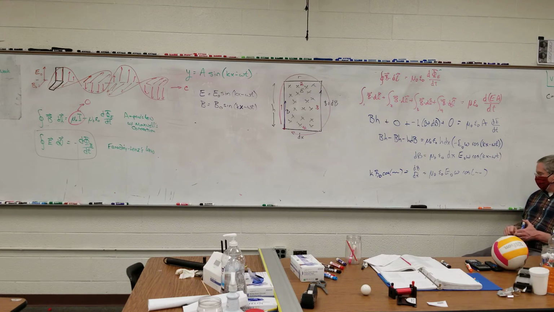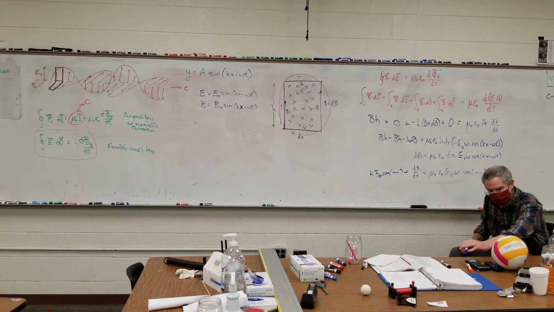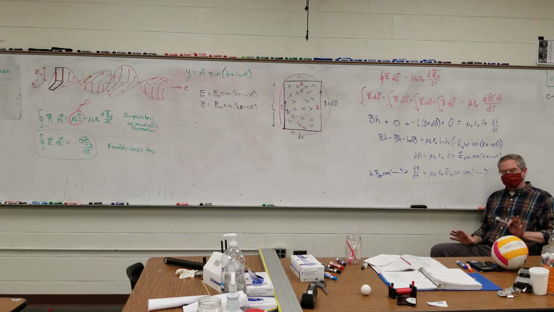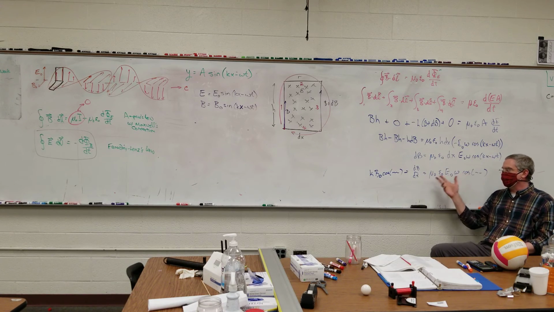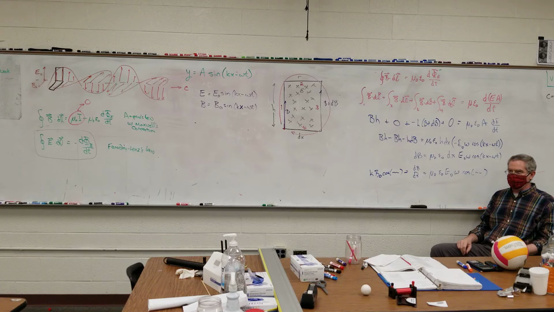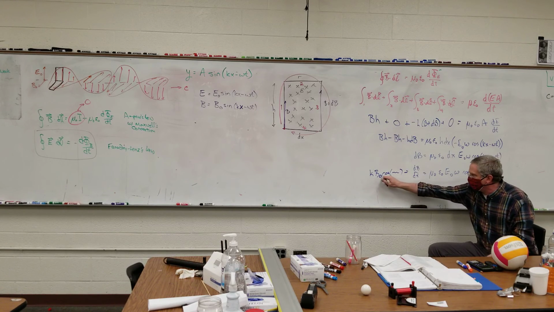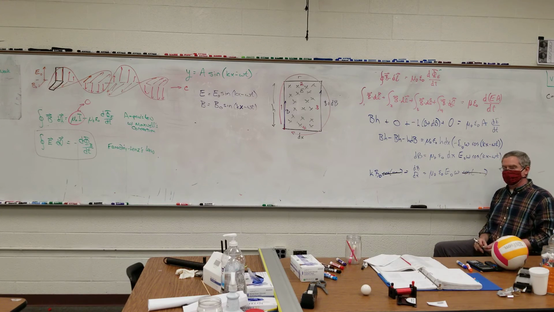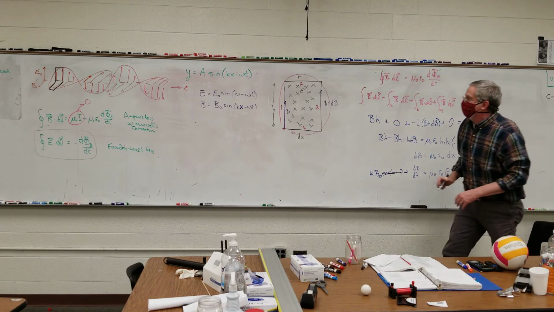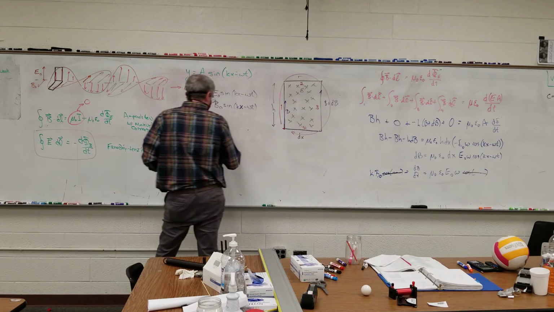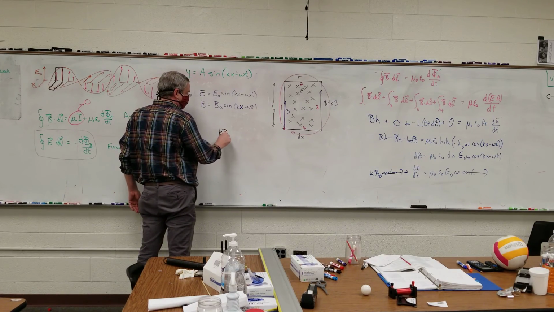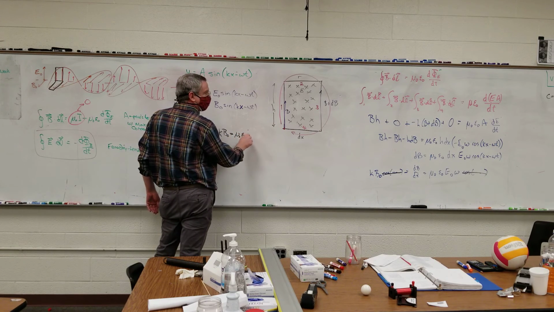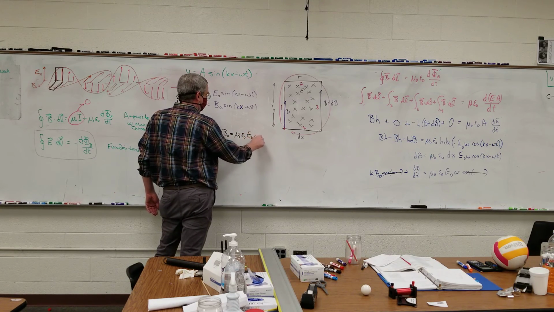And like before, the cosines go away. Officially, we're not dividing by the cosines. We have two cosine functions on each side, and if it's always equal, the coefficients must be equal. So what we're technically doing is just looking at the coefficients of cosine, but I just like slashing through it. So I'm left with k B naught equals mu naught epsilon naught E naught omega.